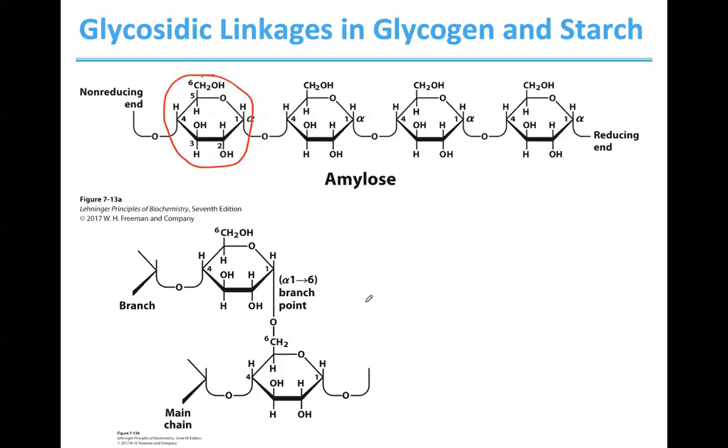So remember, osmosis is the property that does not depend on the size or molecular weight of molecules. It depends on their number, right? So now imagine you have 100,000 units of glucose in glycogen, as opposed to 100,000 molecules of glucose by themselves.